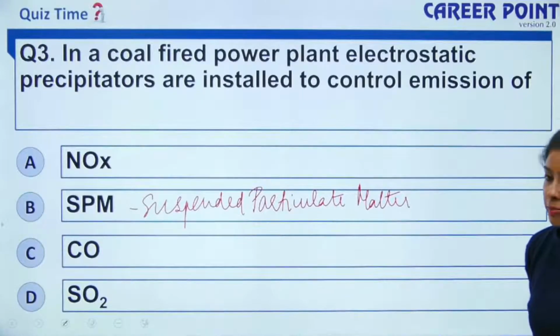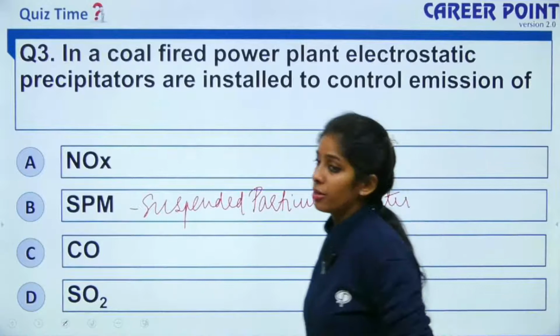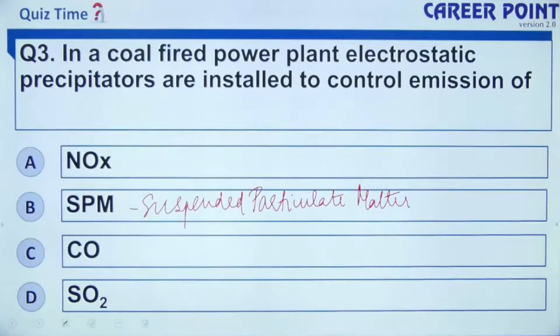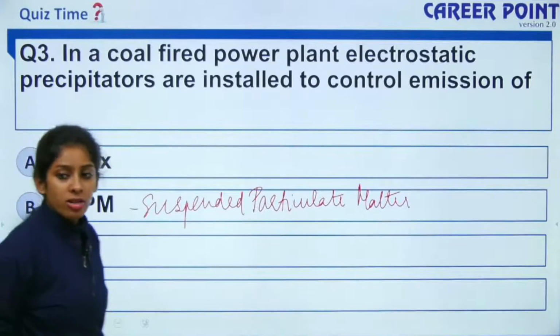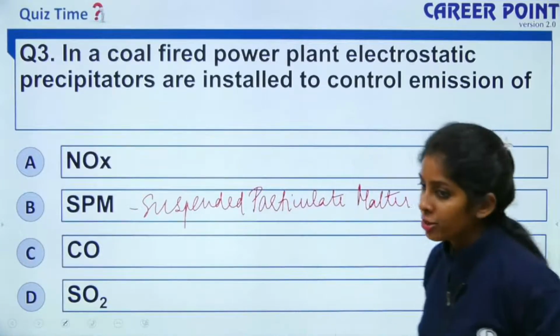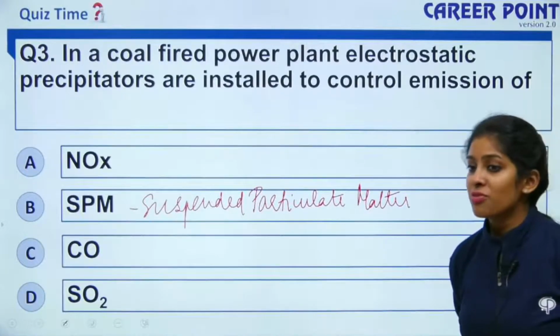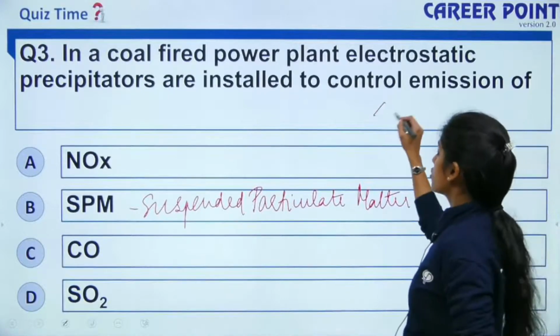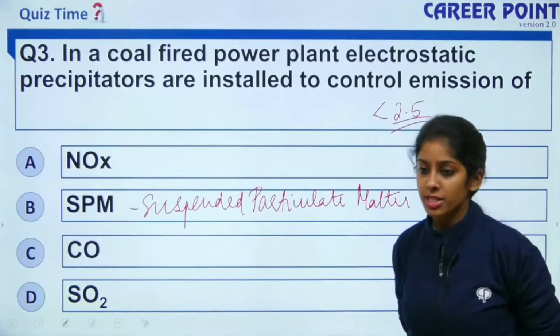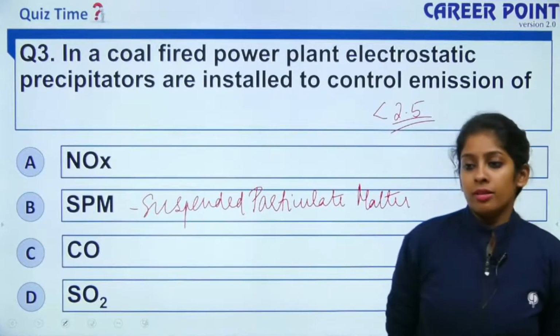Which is electrostatic precipitator? Sulfur dioxide is your scrubber, not electrostatic precipitator. So scrubber, sulfur dioxide like gases in case of a scrubber, not electrostatic precipitator. In case of an electrostatic precipitator, I was talking about particulate matter of less than 2.5 micrometers in size, right?